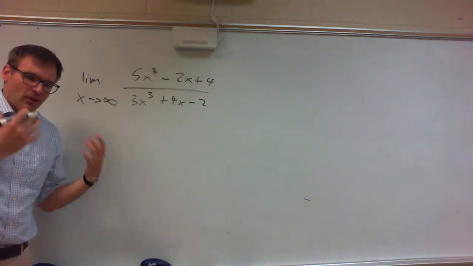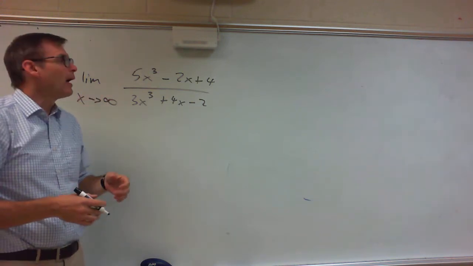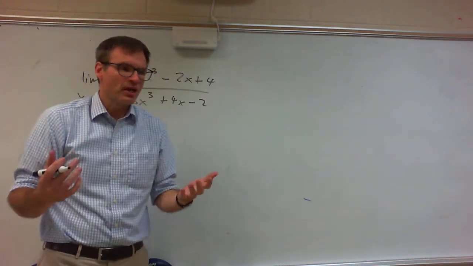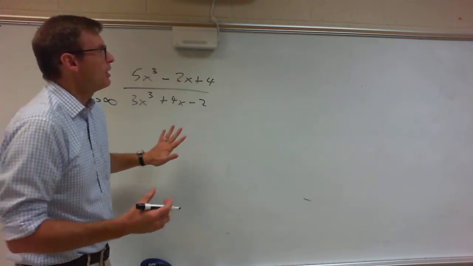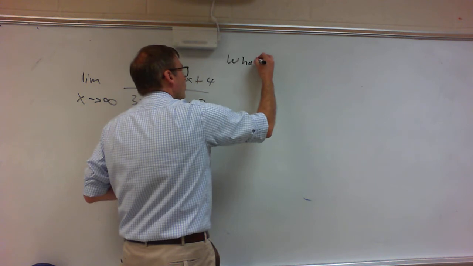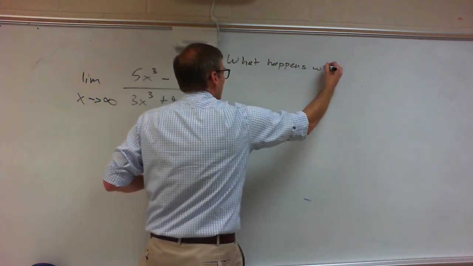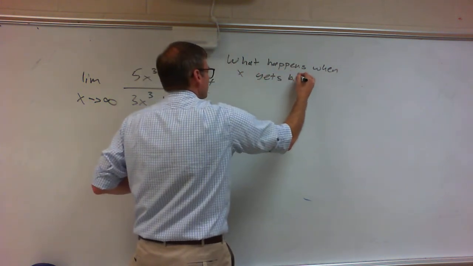This is sort of limits at infinity, and this is a horizontal asymptote. Now, this is how I think of it. Whenever I'm looking for a horizontal asymptote, I am answering the question, what happens when x gets big?